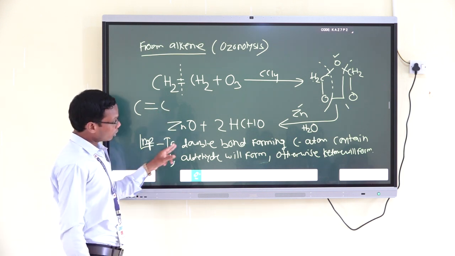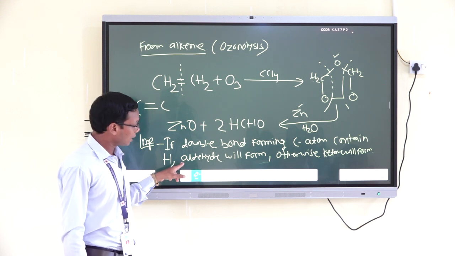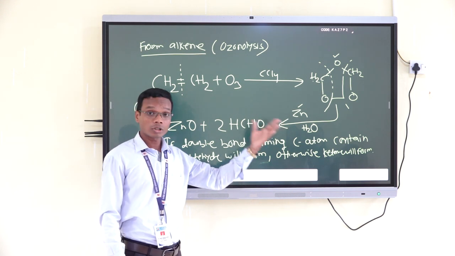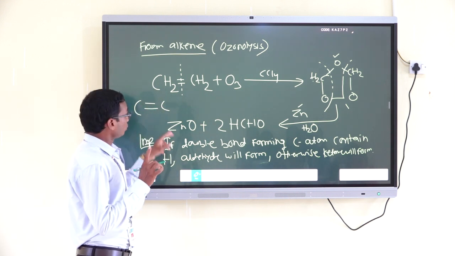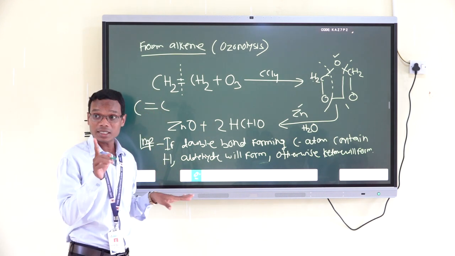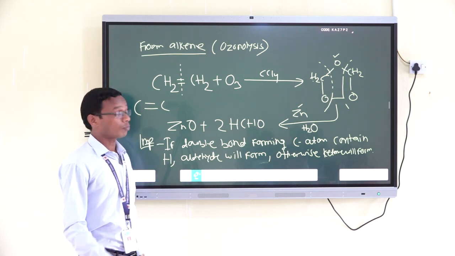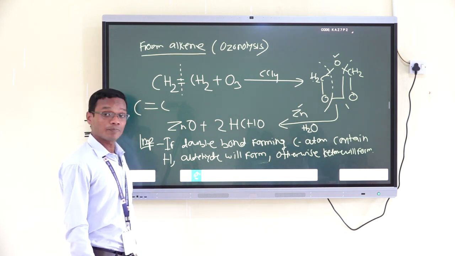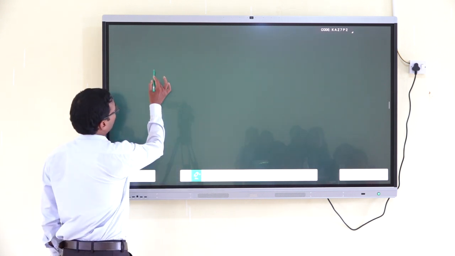If the double bond forming carbon atom contains hydrogen, then aldehyde will form, otherwise ketone will form. Means, for the two carbons which have the double bond, if there is hydrogen, your product is aldehyde. If there is no hydrogen, your product is ketone.